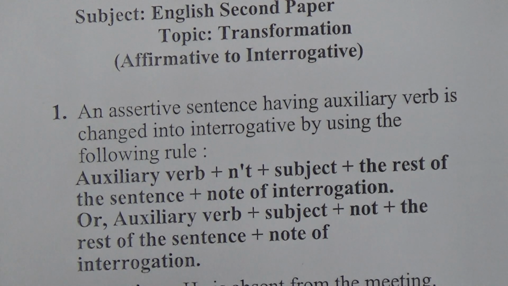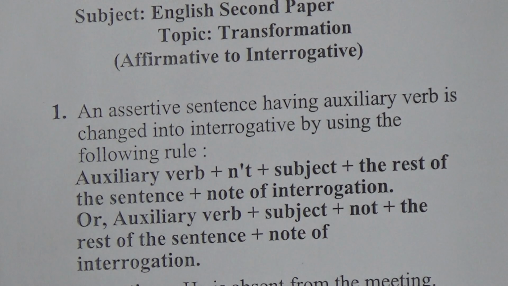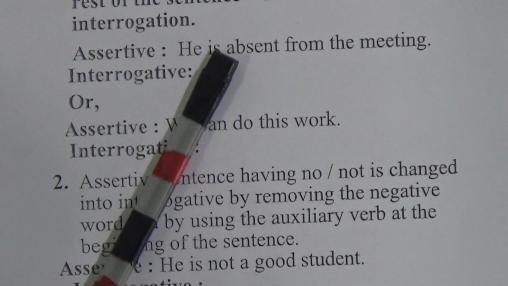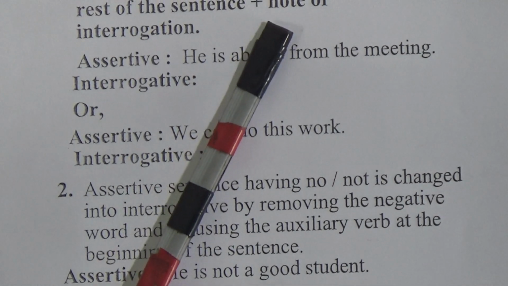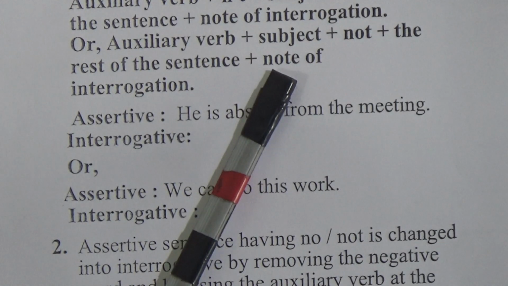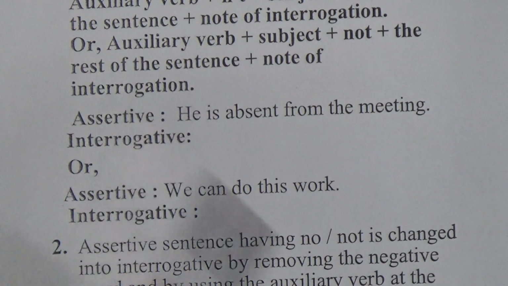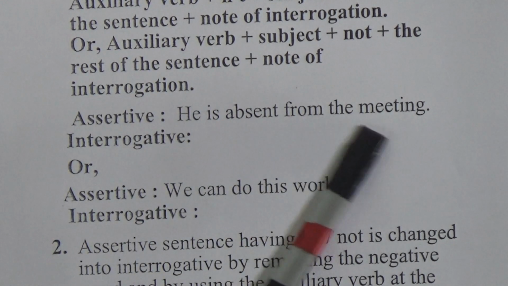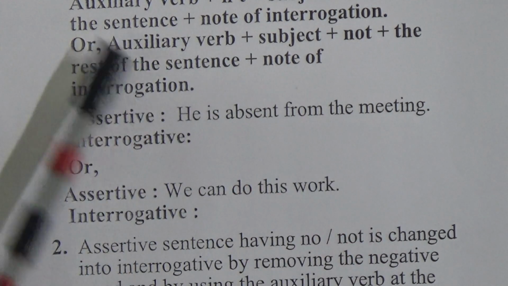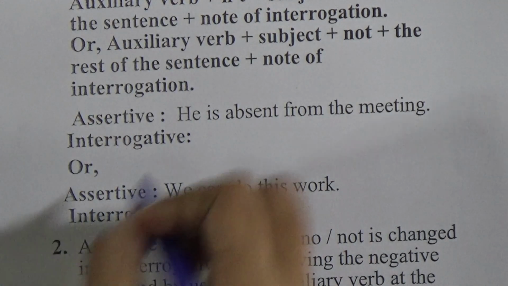Let's do the exercise. Now look, assertive sentence: He is absent from the meeting. Now look, there is the auxiliary verb is. So how will you change it? If you want to follow the first rule, at first we will write the auxiliary verb.